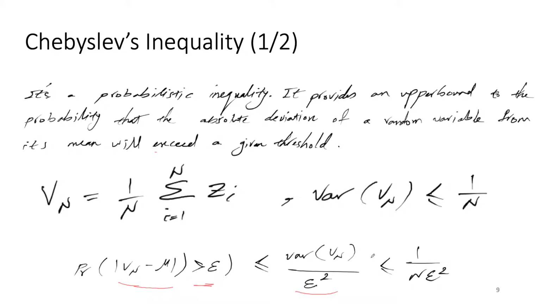So this defines an upper bound that the absolute deviation of a random variable from its mean will exceed a given threshold, right? That was the threshold here. So we can use this now to quantitatively quantize actually and define the exact window that your Vn and mu are different from each other.